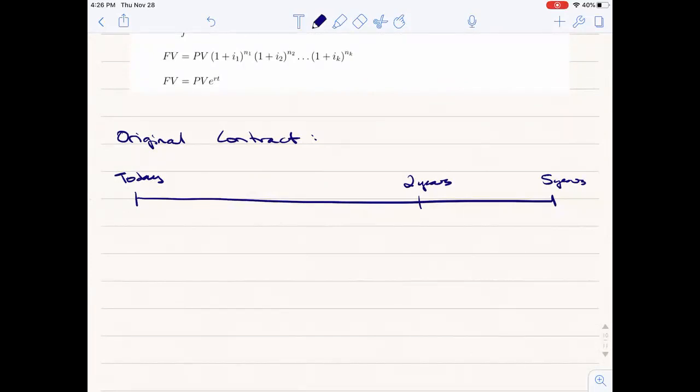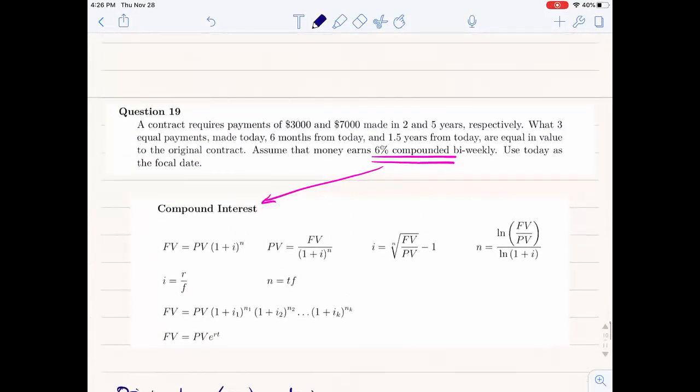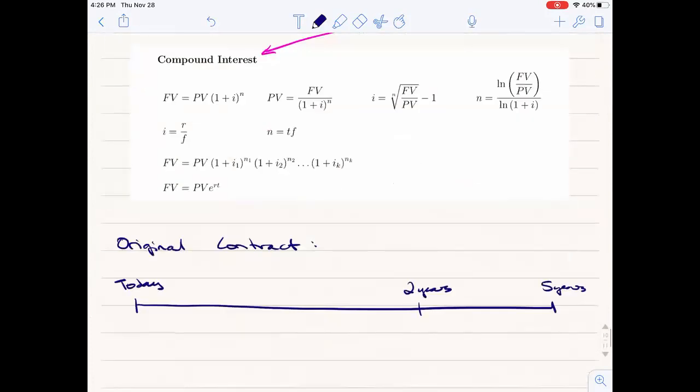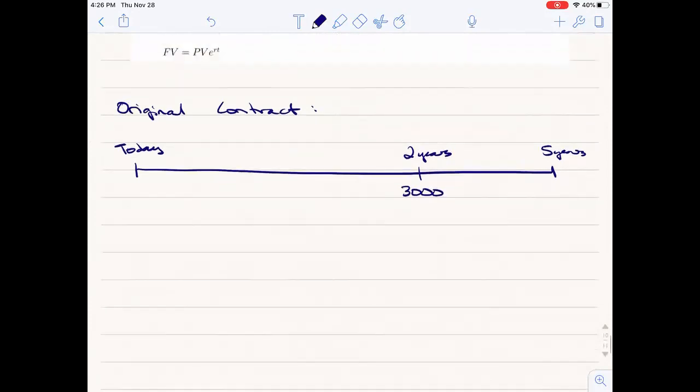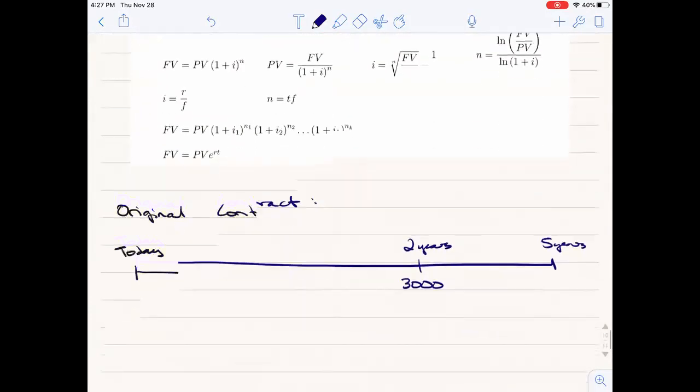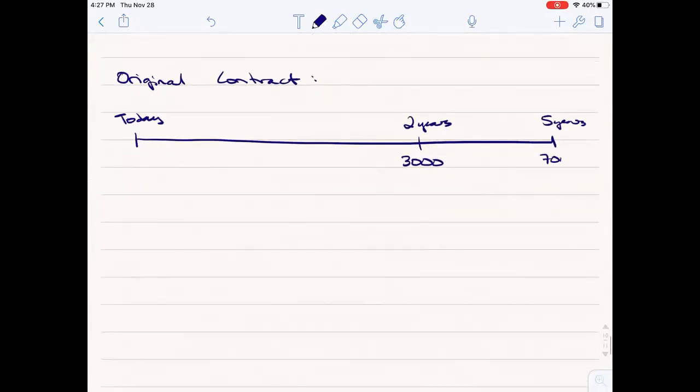That's fine. But what it's saying is, okay, we're going to make payments of 3,000 at the 2 year mark and 7,000 at the 5 year mark.